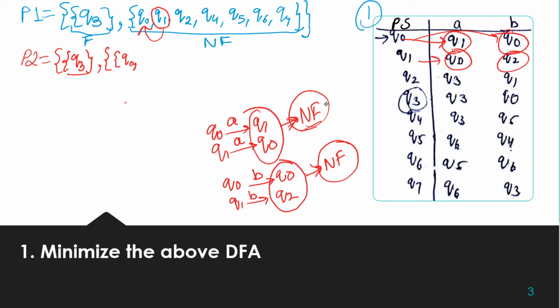In this case both the resulting states for input symbol A and for input symbol B belong to the same group, that is group of non-final states. So yes, we can keep Q0 and Q1 in the same group, as they are compatible for all the input symbols. Okay, so we can keep Q1 with Q0.